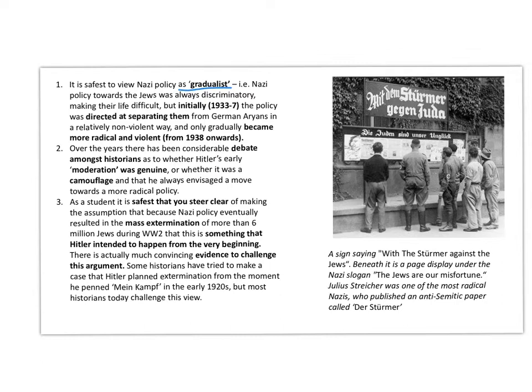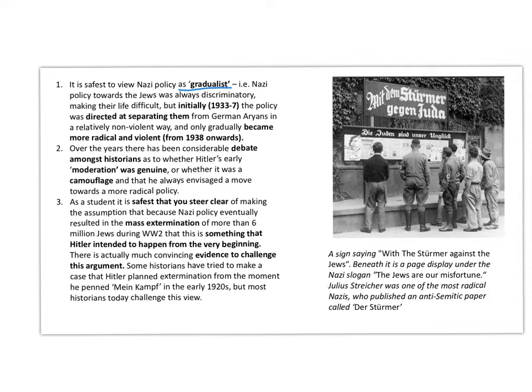Now, of course, with this particular specification, the questions that you're answering, your focus is very much on the early years, 1933 to 35. So steer well clear of, in your head, thinking at that time Hitler was thinking, my intention is to murder all the Jews of Europe.